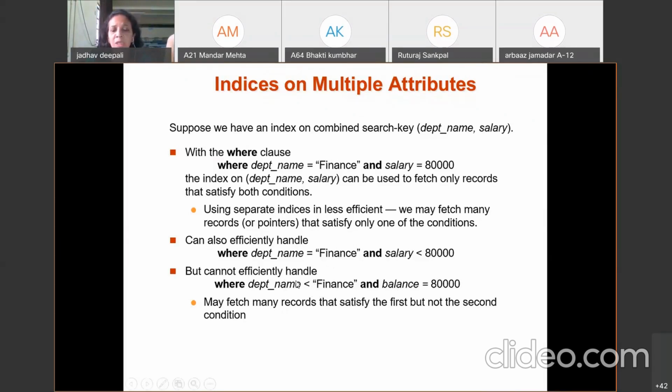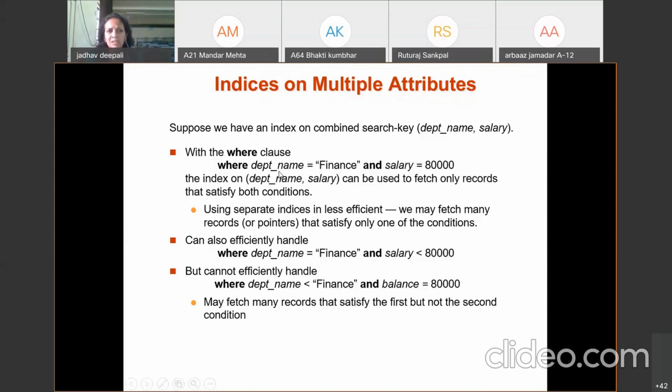So there are many records less than finance, but very few records with salary equal to 80,000. That's why it is not efficiently handled with this kind of query. But for the other two kinds of queries, it is useful to use two search keys in a single index.